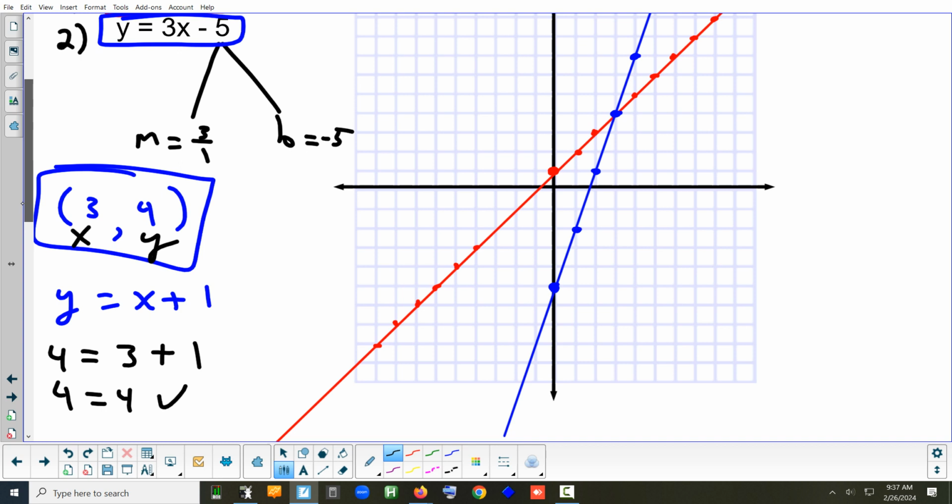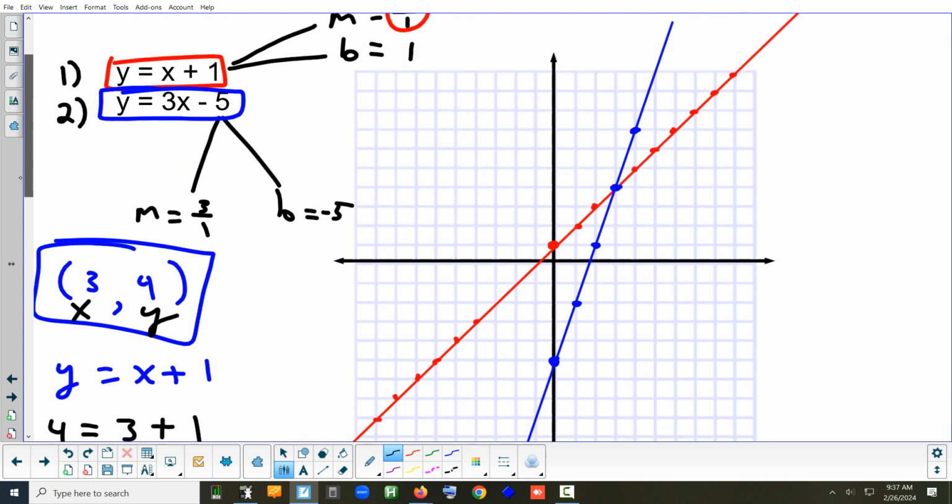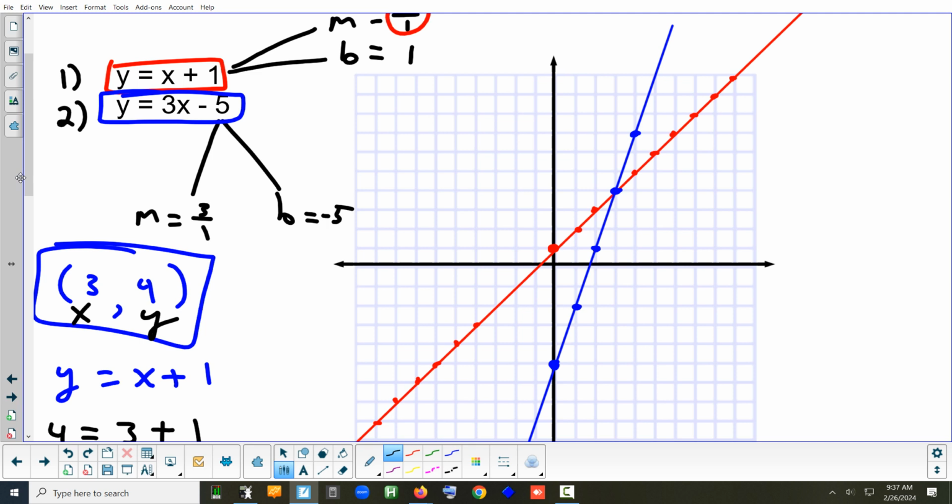It works where? In the first equation. Okay, all we know is that it works in the first equation. We still need to make sure that it what? Eli, what do we still have to make sure of?